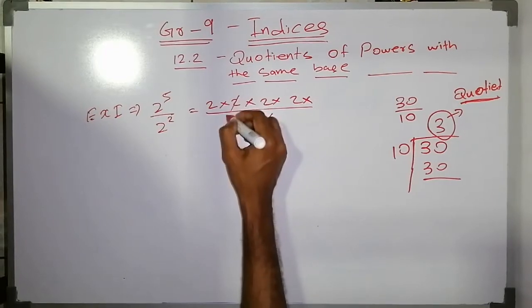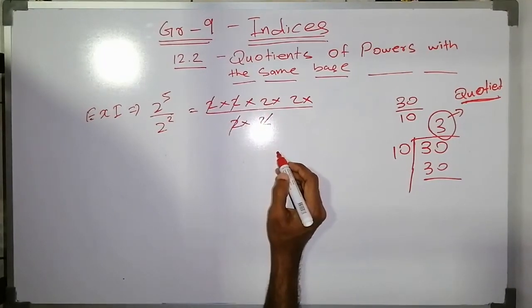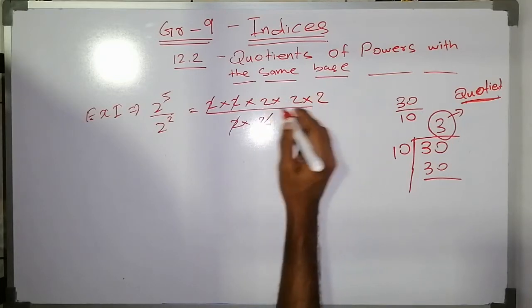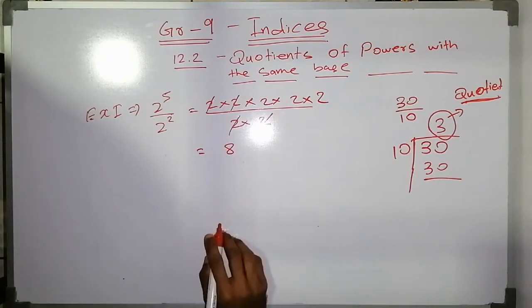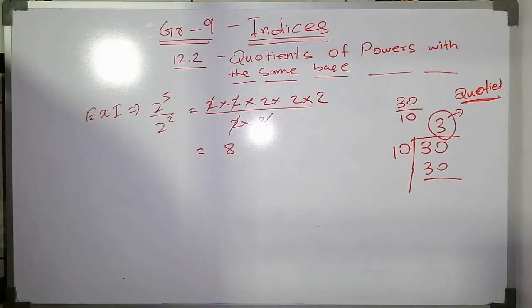We can easily divide the numerator and denominator by the same number. So we are left with 2 times 2 times 2, that means 8. Instead of this method, now we will see another method.